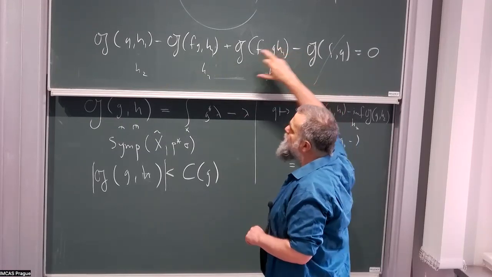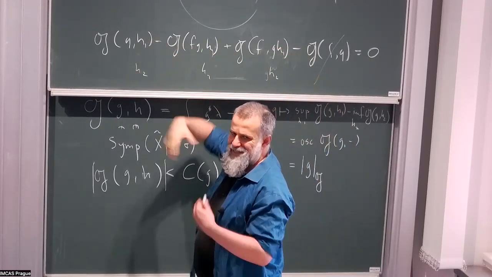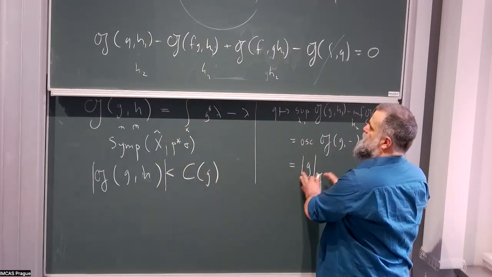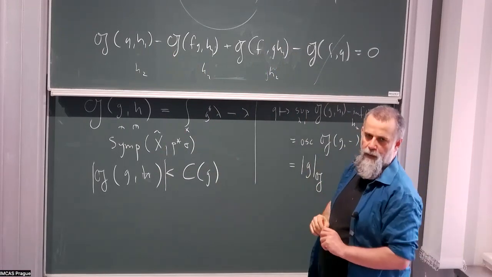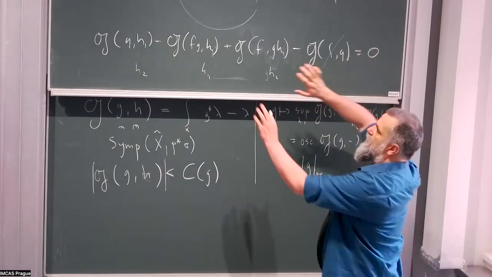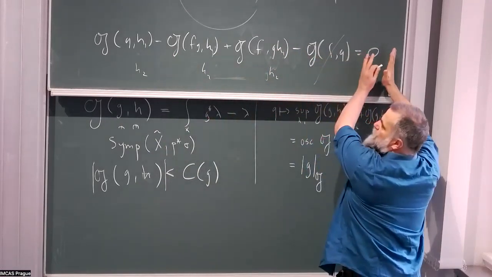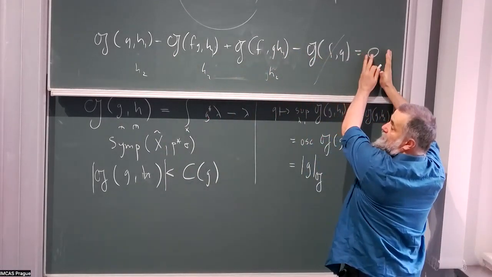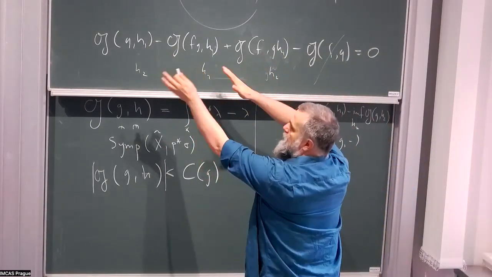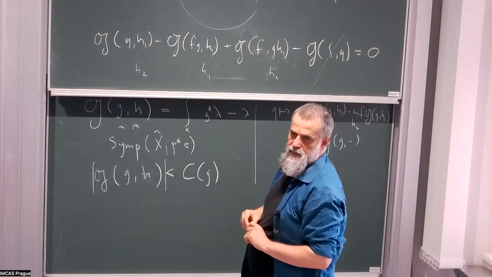But both of them are smaller than terms for G and for F. Okay? So I'm getting an inequality that the length of FG, almost the length of FG, is smaller than the sum of the lengths of those two guys.